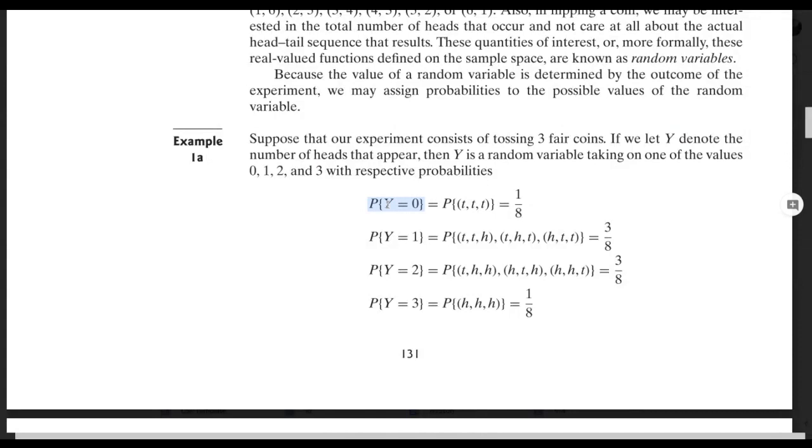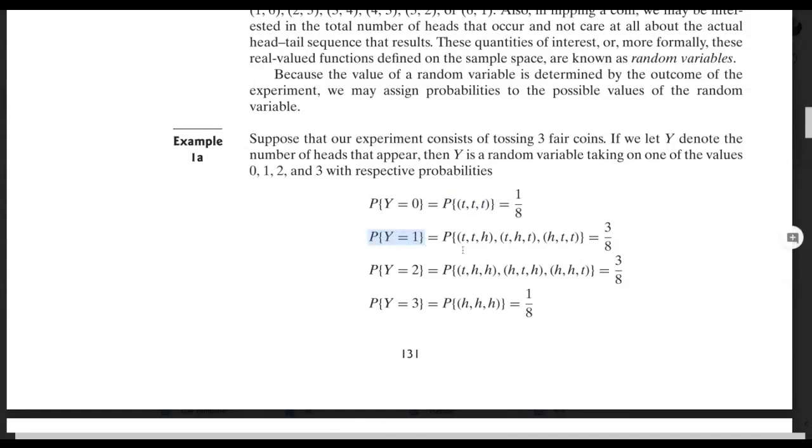The probability of no heads, which is all tails, is 1 out of 8. Because each time there are 2 outcomes, either head or tail. So if we toss 3 times, 2 times 2 times 2, that's 8. So that's why it's 1 out of 8. Only one chance to get all 3 tails.